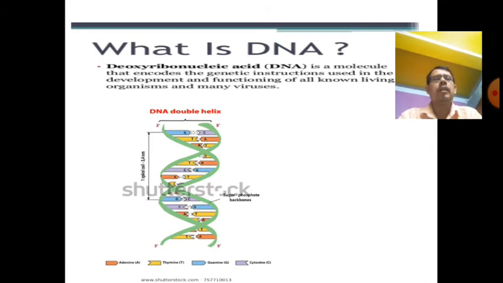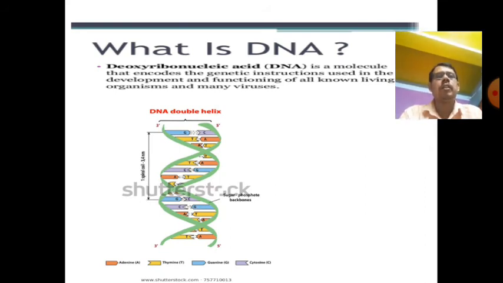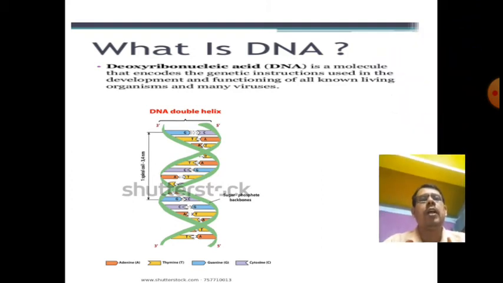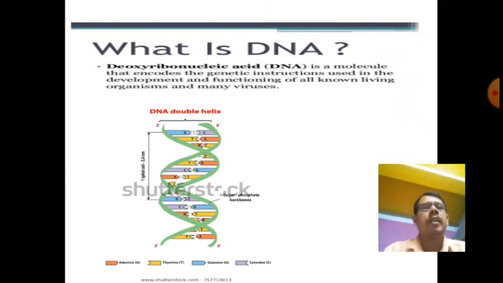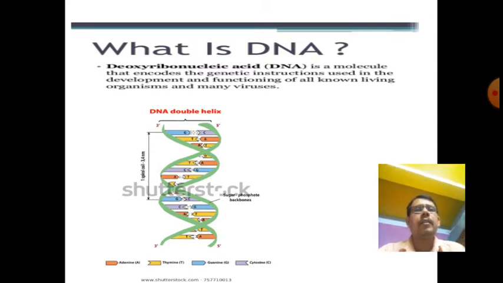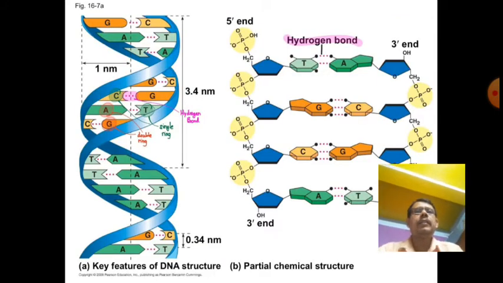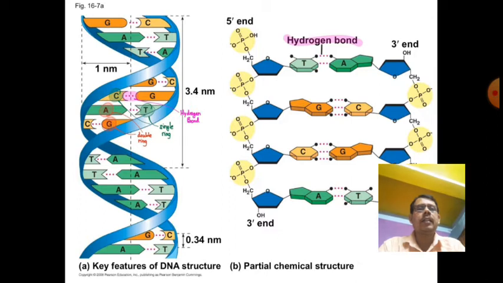What is DNA? DNA is the molecule that carries the genetic instructions used for the development and functioning of all known living organisms and many viruses. This is the basic structure of DNA. First, it is a double helical structure, a right-handed double helix.